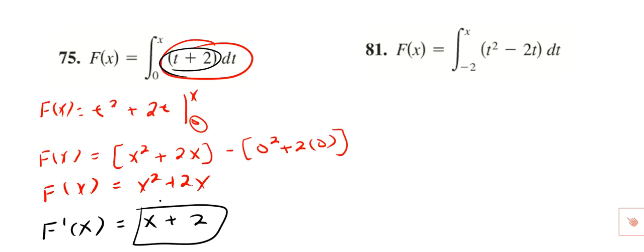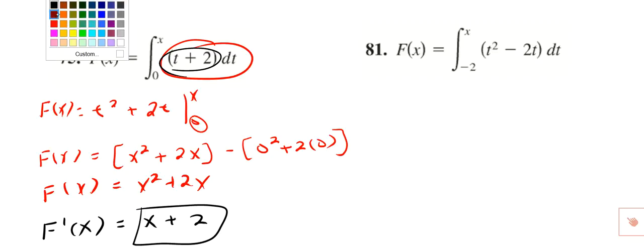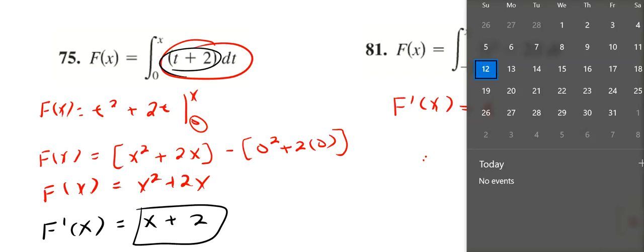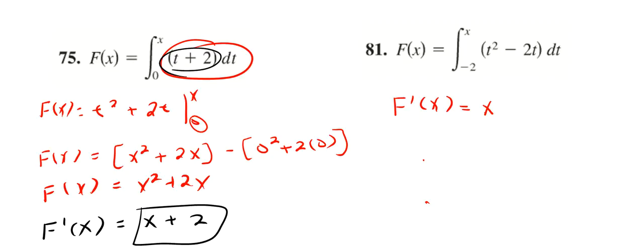I can skip a lot of this work and go directly to the answer and say that capital F prime of x is going to be equal to x squared minus 2x.